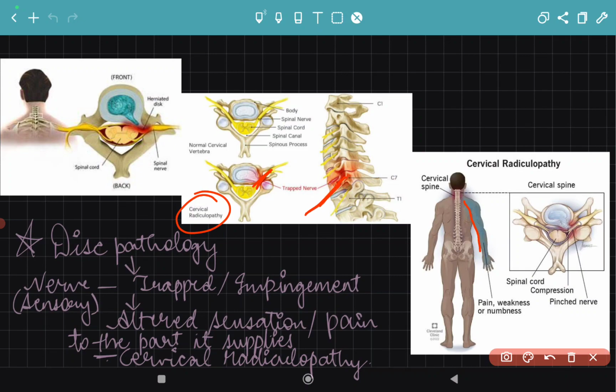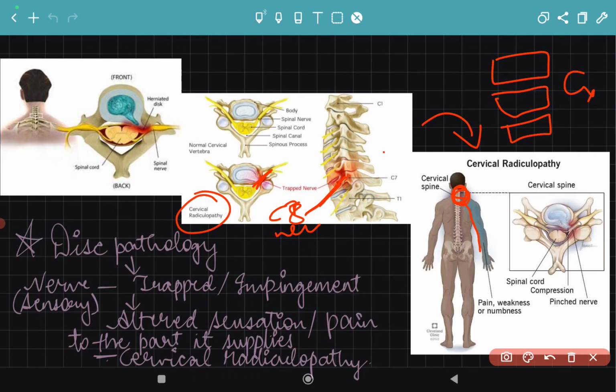Here it is only the C8 spinal nerve root in this example, but considering there are multiple areas, this is the vertebra I am considering as the cervical spine. In between there will be discs. So we know that disc pathology might occur at multiple regions, not necessarily only one as shown in this diagram, which is C8, but at multiple levels.